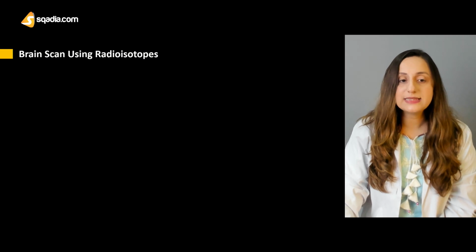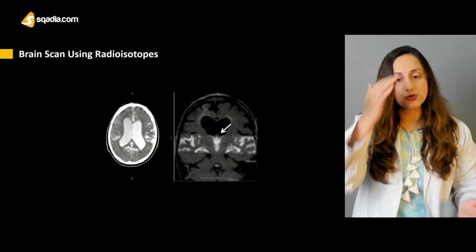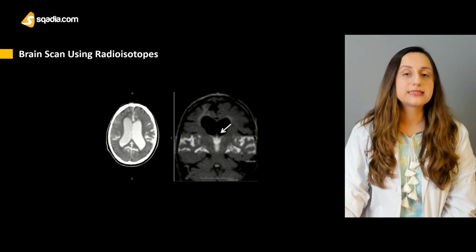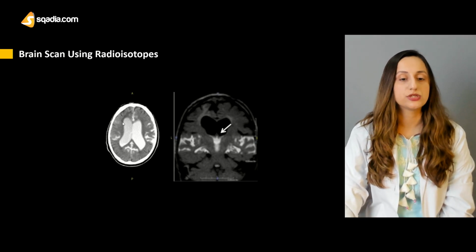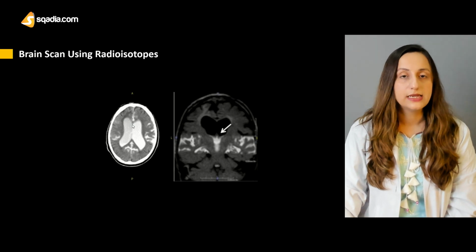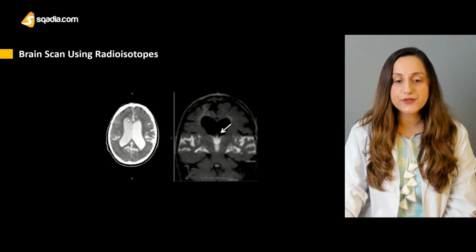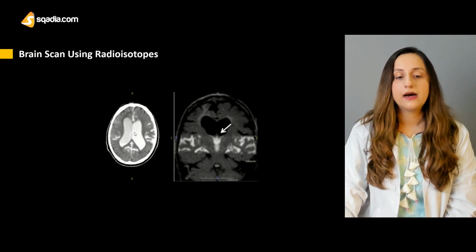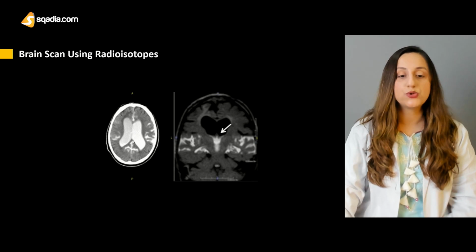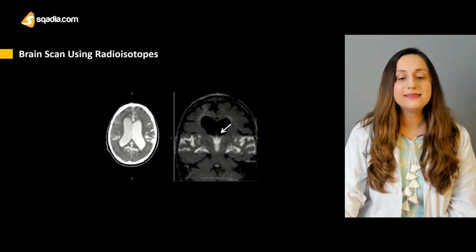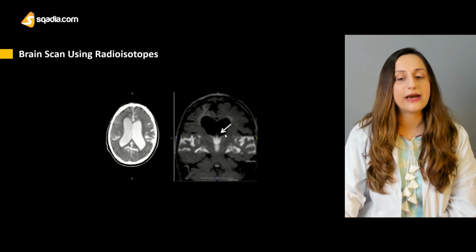Now, brain scans using different radioisotopes are carried out, and again, we focus on the size of the ventricles, which is indicative of whether the patient has some sort of increased intracranial pressure or not. So here you can observe a size increase in the lateral ventricles, and the back pressures can also be noted over here.